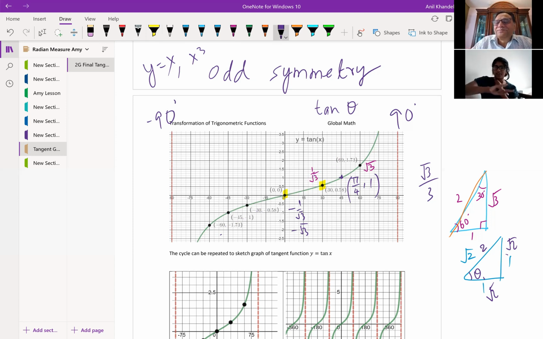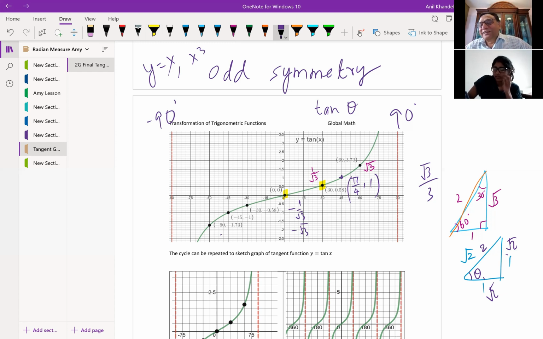If it's even symmetry, is it symmetric about the y-axis? Yes, like a parabola, y equals x squared, or the absolute function, y equals the absolute value of x. These are symmetric about the y-axis.